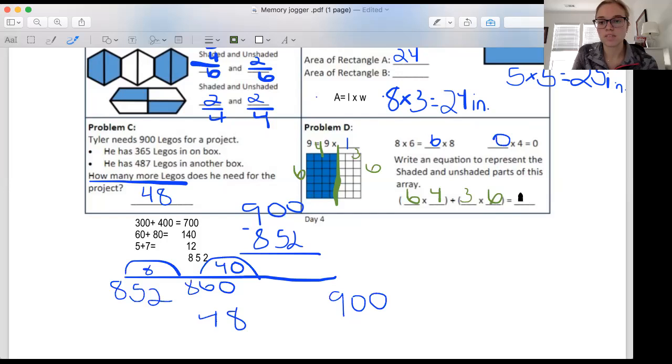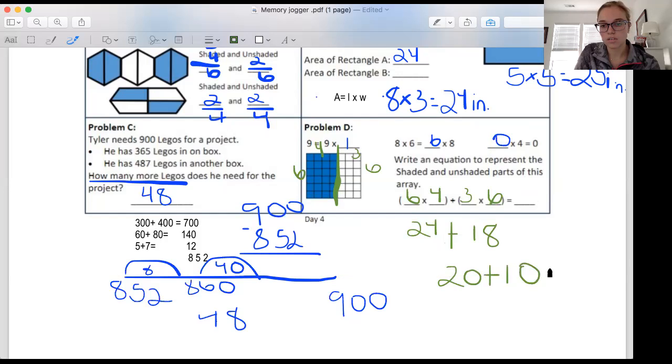And then it wants me to give a total number. So I know that 6 times 4 is 24 plus 3 times 6 equals 18. I'm going to do 20 plus 10. And I know that that is 30.